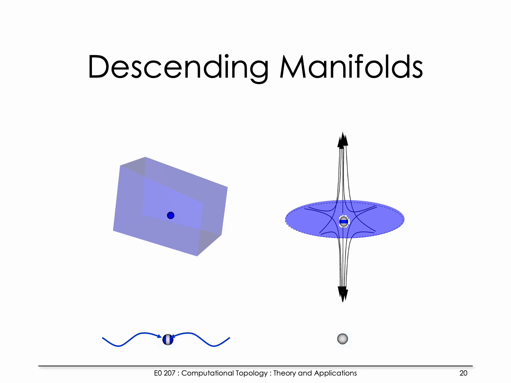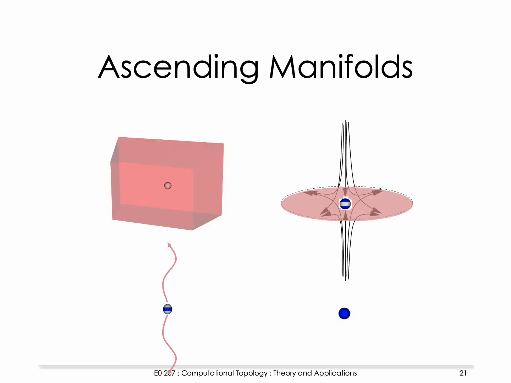The descending manifold of a minimum is 0-dimensional. And for the saddles, for the 2-saddle, the descending manifold is 2-dimensional, and for the 1-saddle, the descending manifold is 1-dimensional. The ascending manifolds have a dual structure, as we have seen before.